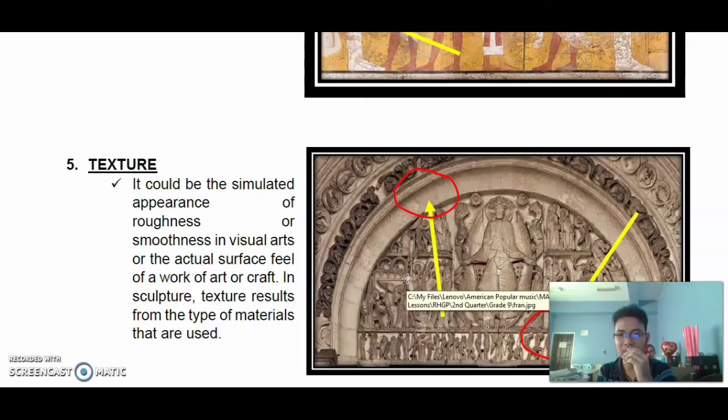So for example, on this sculpture, or this building, when you just view it, you can determine the different textures. You have rough areas, you have smooth, and somewhat deep areas. Then you have curvy parts, and you have lines.